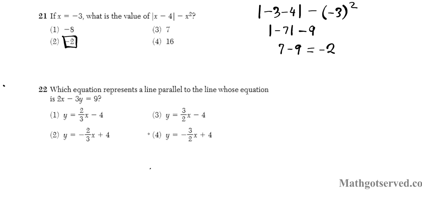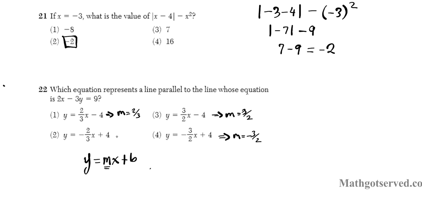All the options we have here are in slope-intercept form, y equals mx plus b, so the coefficient of x is the slope. The slope here is 2/3. The slope here is 3/2. The slope here is negative 3/2.